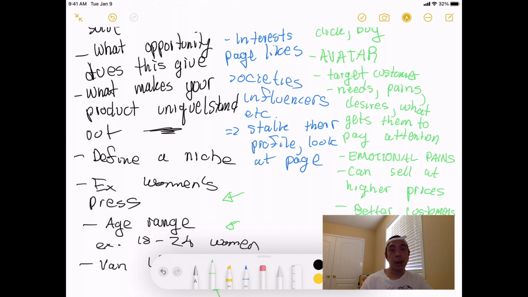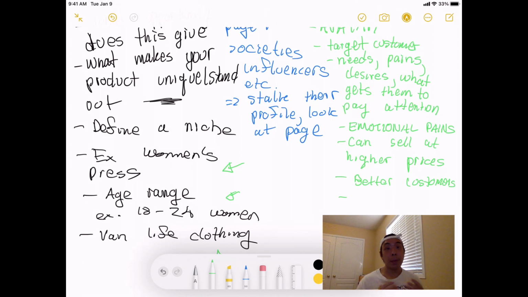So, what are some examples of emotional pains you might be asking yourself? Well, that's a great question. Some things that are emotional are things that can't be quantified with numbers. Numbers are things like free shipping, the price, the discount, this feature and that feature.